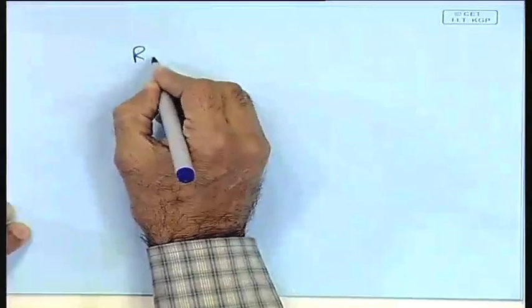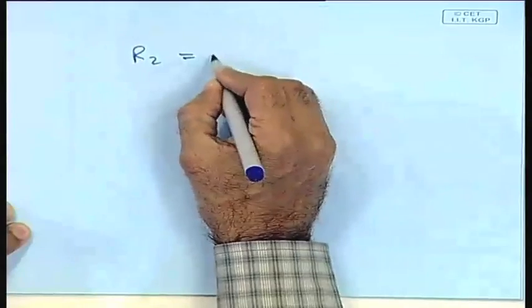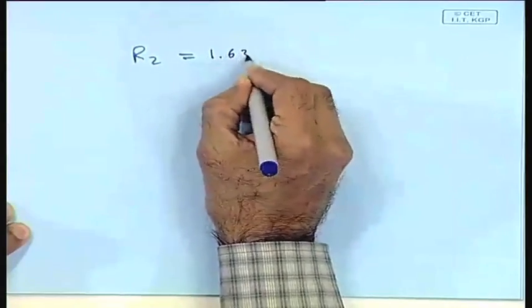Those calculations are possible, and I can come up with an exact design that will give me the exact cutoff frequency. But you and I know that when calculations are done, it's very possible that he will say some resistance R2 must have a value equal to 1.63 kilo ohms.